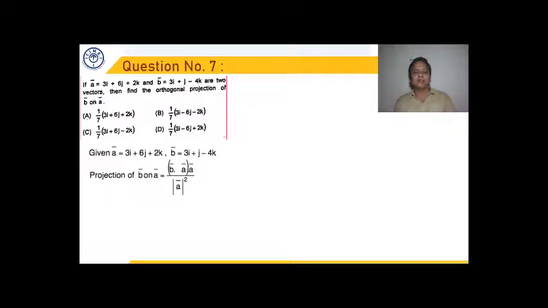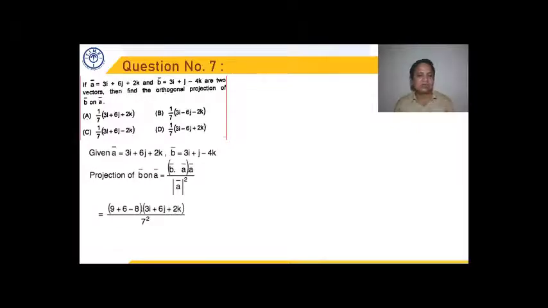Projection of B on A: B dot A scalar quantity, dot A vector on which projection is to be taken, upon modulus of A square. A vector is given to us, B vector is given to us. So we have to straight away substitute the values. So can we say B dot A: 3 into 3 is 9, plus 6 into 1 is 6, 2 into minus 4 is minus 8.